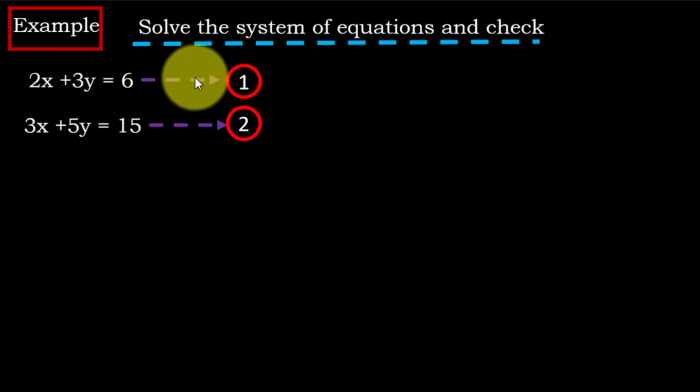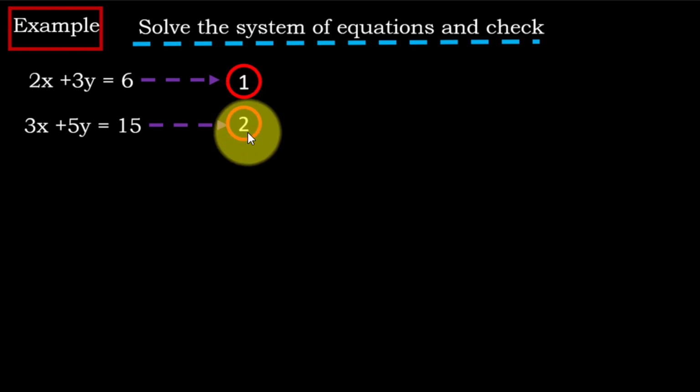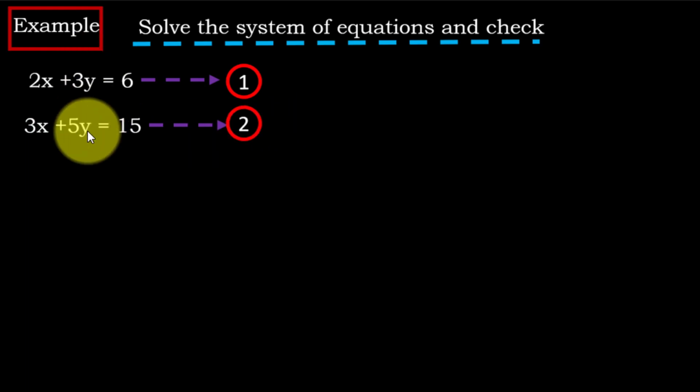So multiply the first equation by 5 and multiply the second equation by 3. But if we want to make the y variables additive inverses of each other, just multiply the second equation by negative 3, to add the two equations.